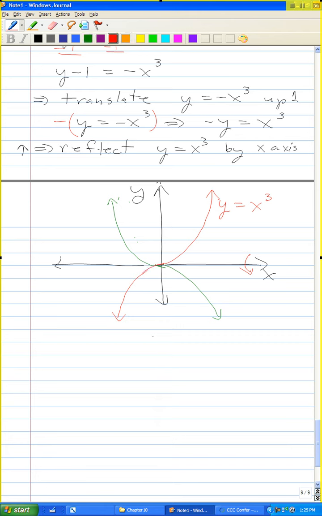Okay, so this is the graph of negative y equals x cubed, or y equals negative x cubed, whatever you want to call it. So now let's translate this up by 1. And that will give me my curve that I want.